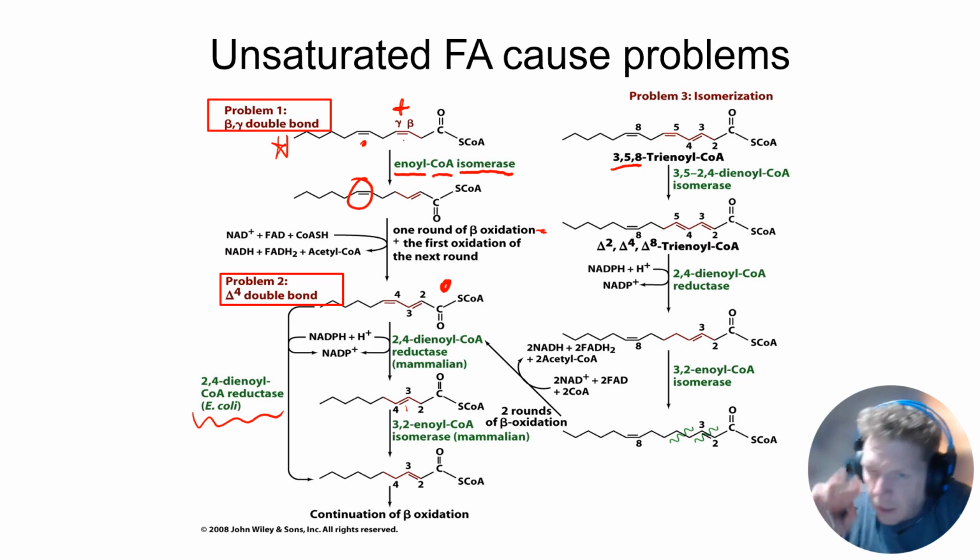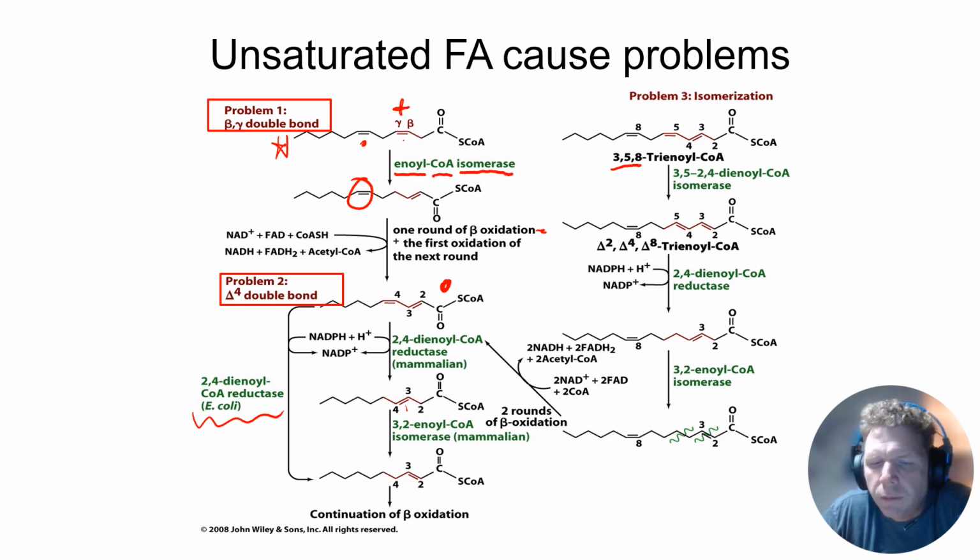Now, that will bring us back to a point where we have a conjugated double bond situation, double bond, single bond, double bond. We're going to use a reductase to remove one of those double bonds and put a single double bond between carbons 3 and 4 in place. Now, that's going to be the result of the enzyme 2,4-dienoyl-CoA reductase.